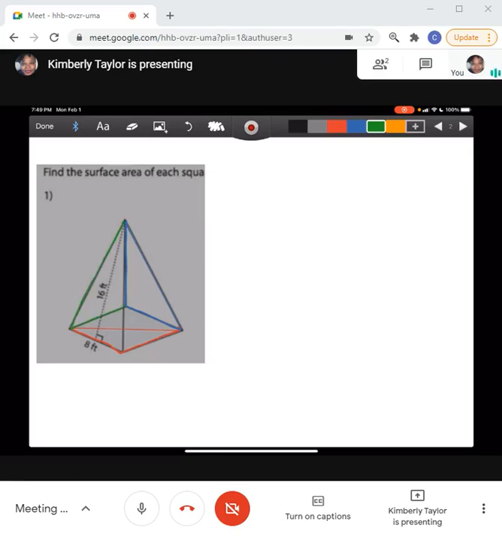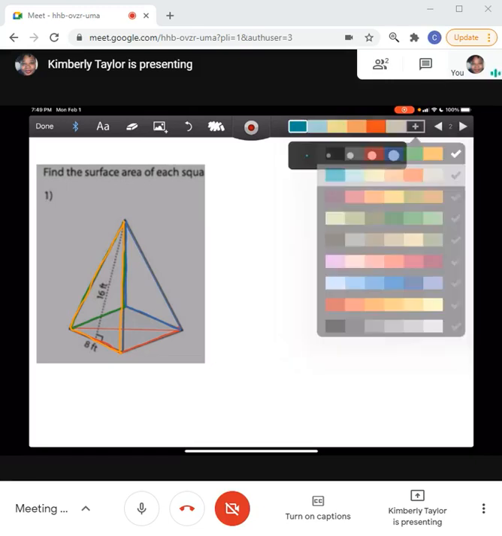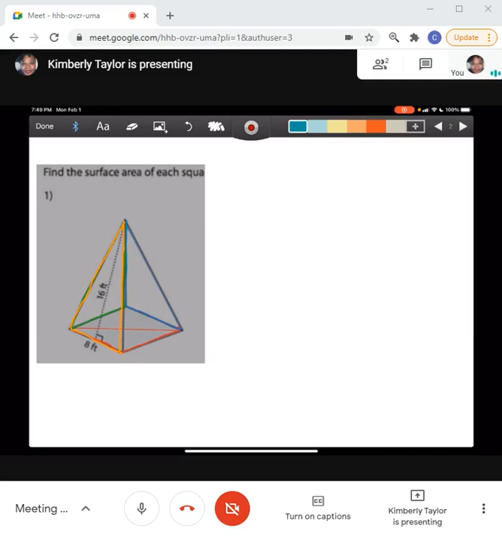Make sure you get a visual of them all. We have the triangle here in the front. So that's 1, 2, 3, 4 surfaces. And then let's do another color, this blue right here. We have this triangle here. I don't know if y'all can see all that. So we have all of those triangles as our surfaces, and what we need to do is find the surface area of them all.